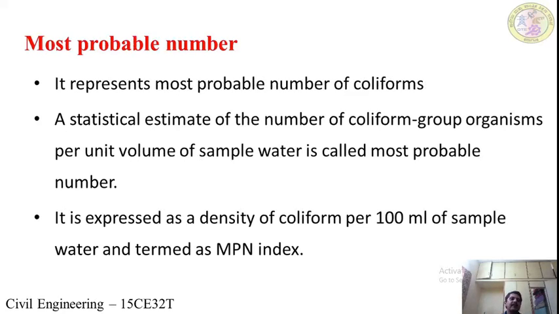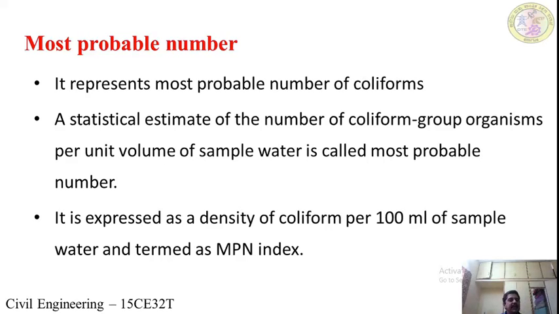Most probable number, MPN. It is a statistical estimate of the number of coliform group organisms per unit volume of the sample of water. In the previous test we have taken samples of different dilutions: 0.1 ml, 1 ml, 10 ml.